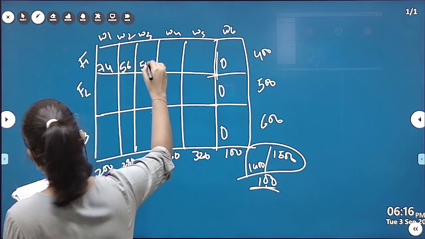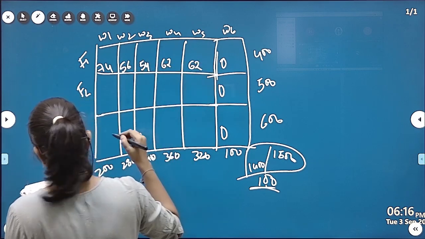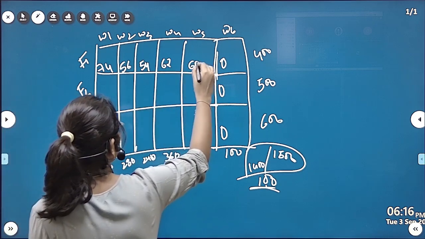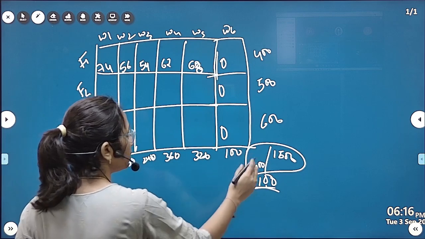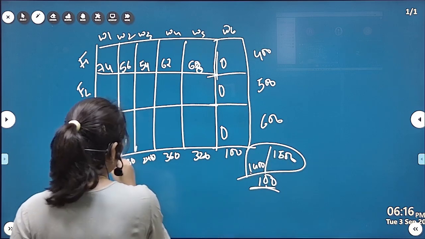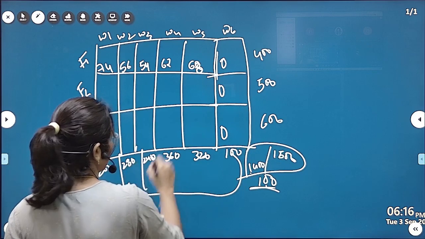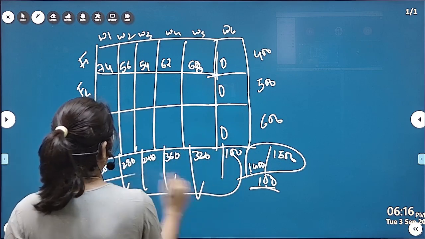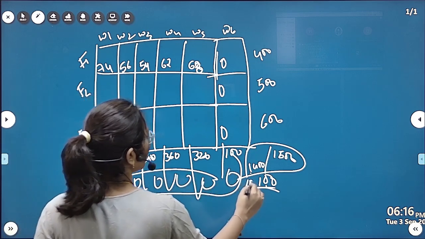Clear everyone? Whenever the question is unbalanced from the point of view of rows or columns, you need to check. Now if it is 1500 on one side and 1400 on the other, you need to introduce another row here, put all the values as 0 and put the amount as 100.